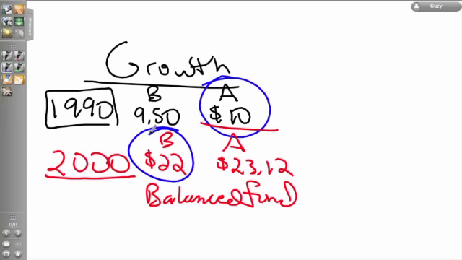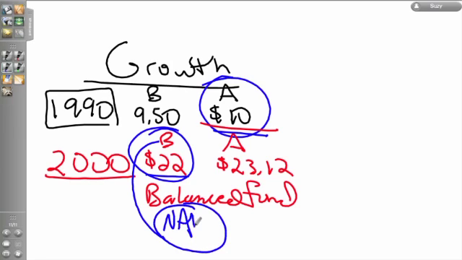So just remember, you pay the most, you get the least. Isn't that how it always works, right? You pay the most, you get the least. So you're able to take this value, net asset value per share, and move it into the balanced fund, also at NAV per share, which is another way of saying without a sales charge.